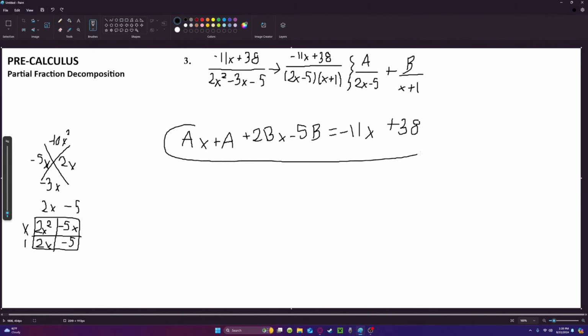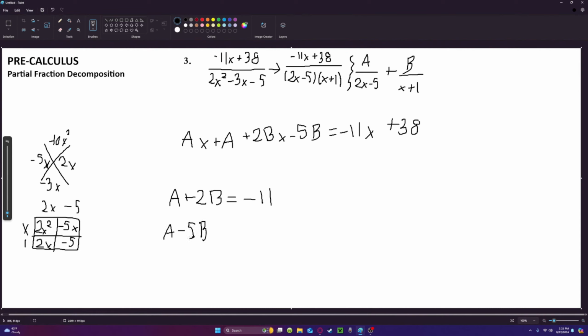So now we get here, and now we can do our systems of equations thing. So then we get a plus 2b equals negative 11, and then we get a minus 5b equals 38. We can easily change this into a equals 38 plus 5b, and now we just plug it in.